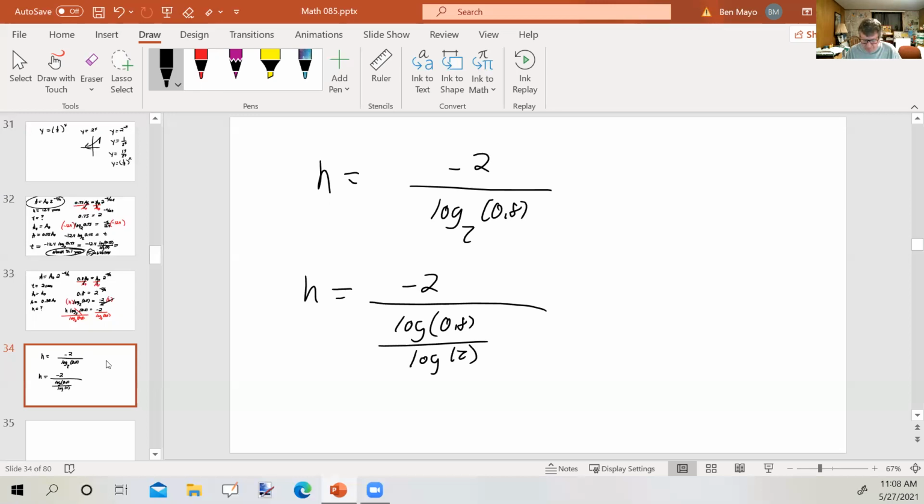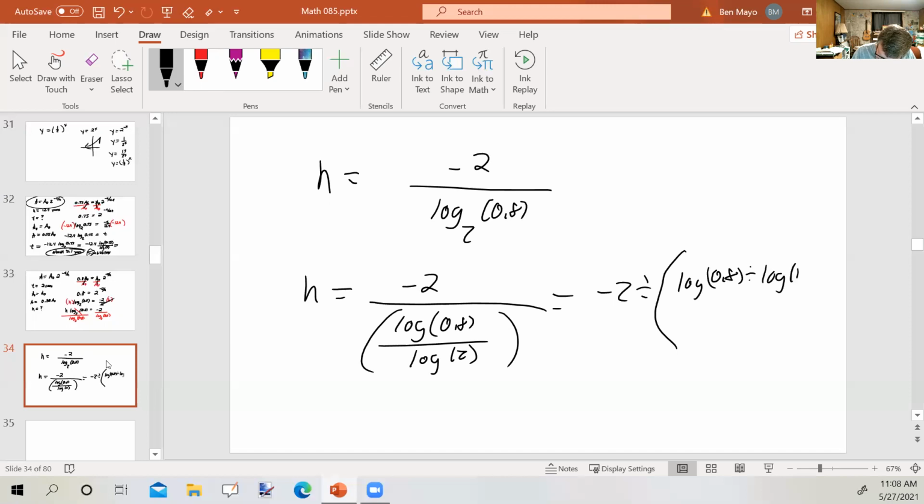I get this. Okay. So I've got negative 2 divided by, and then I'm going to put this whole thing in parentheses. So then the log of 0.8 divided by the log of 2, and then parentheses around that whole thing.